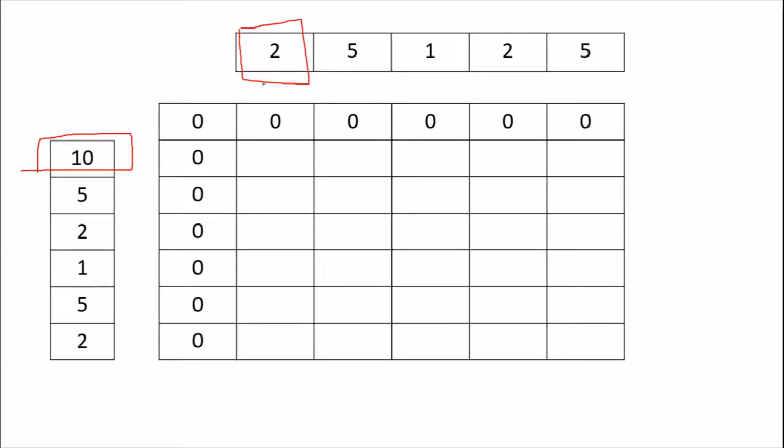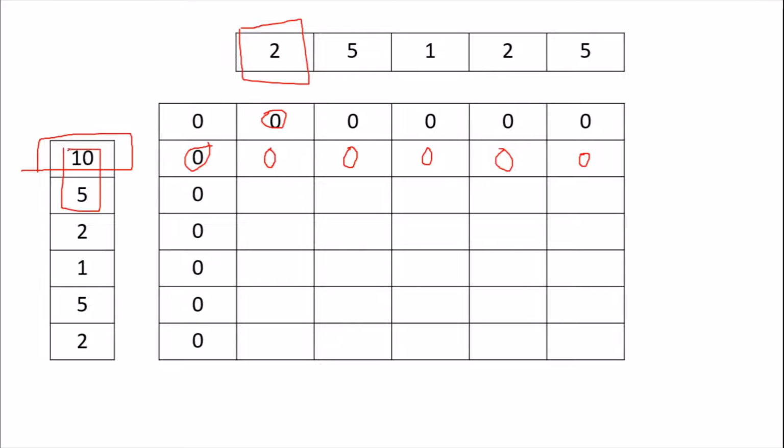Are they equal? No, they are not equal. So whatever be the max of this and this element we take. Since it's both 0, we take 0 here, and our answer is 0. Since 10 and 2 we cannot have any subsequence. Similar for 5, 10 and 5 are not equal, 10 and 1 are not equal, 0, 0 and 0.